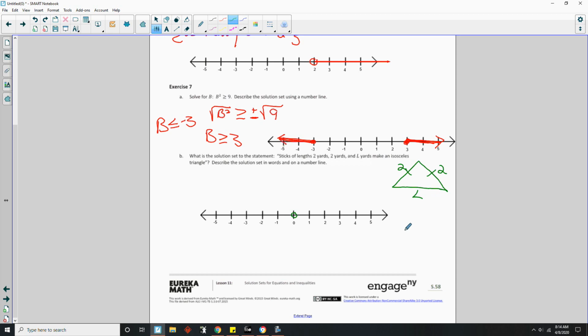So that means this is 2 yards, this is 2 yards, and this is some unknown value L. Well, if L is longer than the sum of these two sides, then they would not reach the endpoints. So if I had a stick of length 2, and then another stick of length 2, and the third side was longer, there's no way I can make this a triangle.